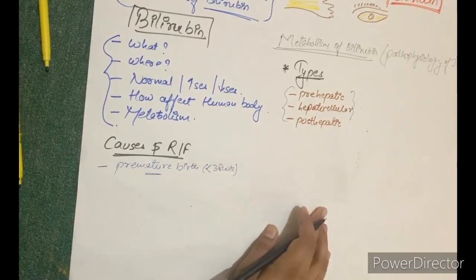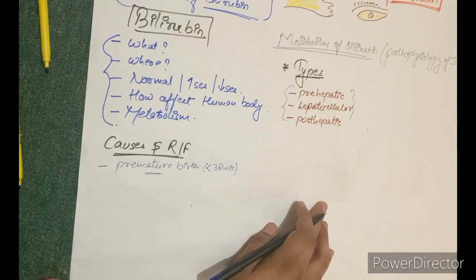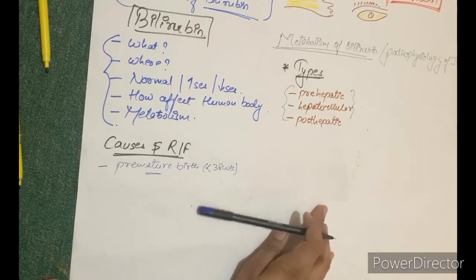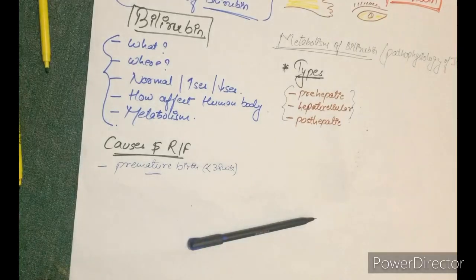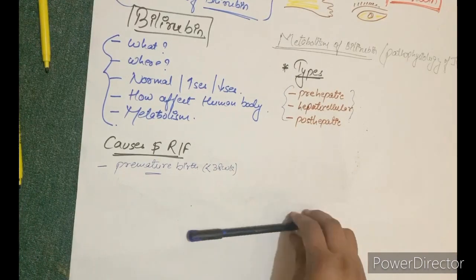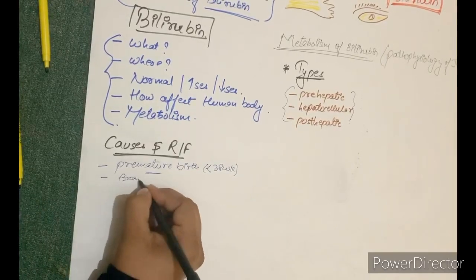Because in premature babies, the liver is not fully matured. Their liver is very immature, so it faces many difficulties in converting or metabolizing the unconjugated bilirubin.